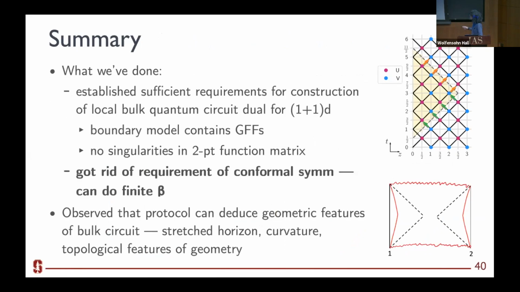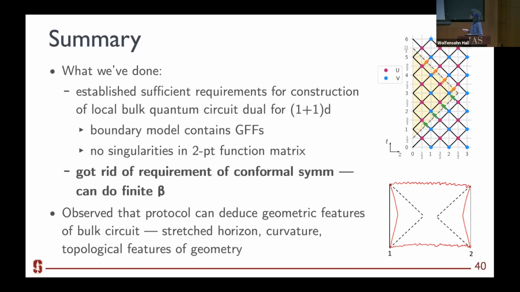All right, so a summary of what we've done is that we've established sufficient requirements for construction of a local bulk quantum circuit representation for a boundary model with generalized free fields. And this is enabled so long as your boundary theory anti-commutator matrix doesn't have a singularity. And if it does, that might be giving evidence of some topological changes to your geometry.